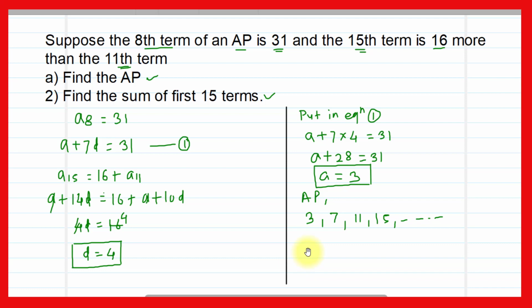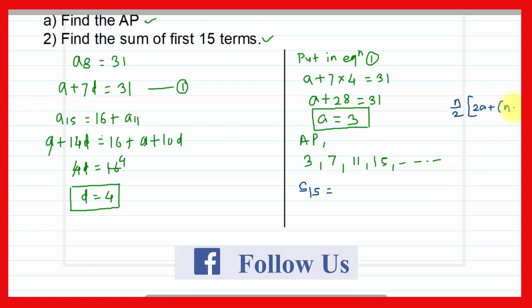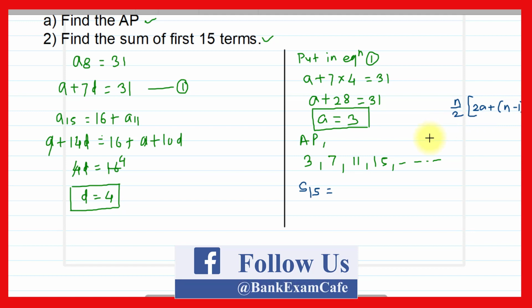Now we have to find the sum of the first 15 terms. What we have to do? We have to find S15. So the formula is what? N by 2 into bracket 2A plus bracket N minus 1 close the bracket into D close the bracket.